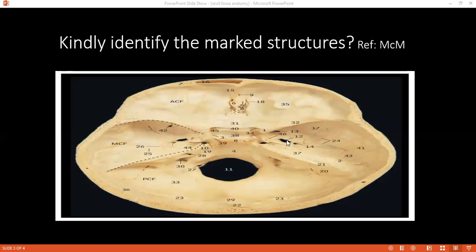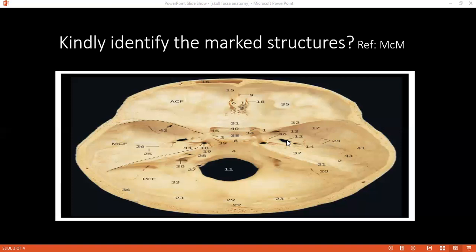Yes, can you name the structures which pass through it? The foramen ovale transmits the otic ganglion, the third division of the trigeminal nerve, the mandibular nerve, the accessory meningeal artery, the lesser petrosal nerve, and emissary veins. Yes, the lesser superficial petrosal nerve and emissary veins.